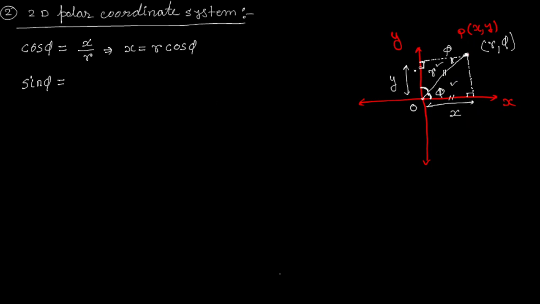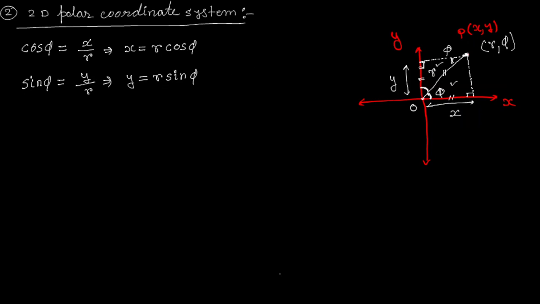In this case, perpendicular will be y and hypotenuse will be r. So we can write y divided by r. Now this gives you y is equal to r sine phi. So now we get the relations between x, y and r, phi.